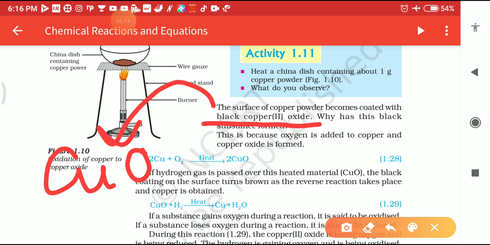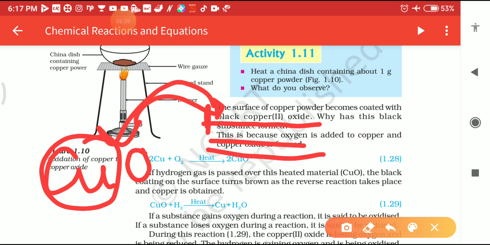Then the surface of the copper powder becomes coated with black copper(II) oxide. Students, see here: the color of the copper changes into black. Why is copper converted into black? This is because oxygen is added to copper and copper oxide is formed.